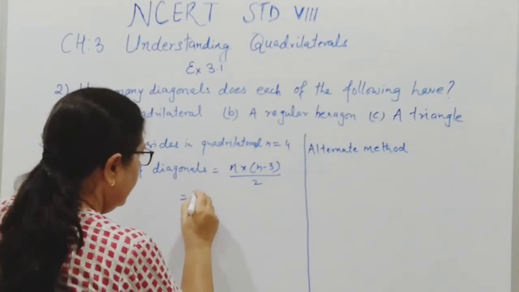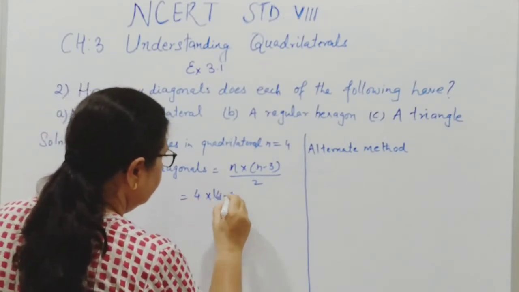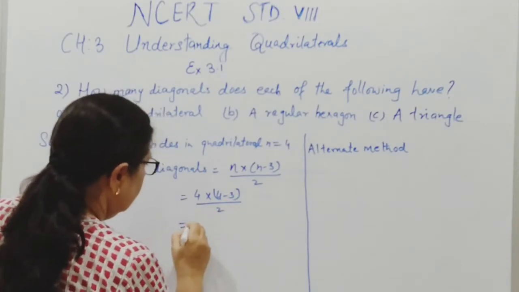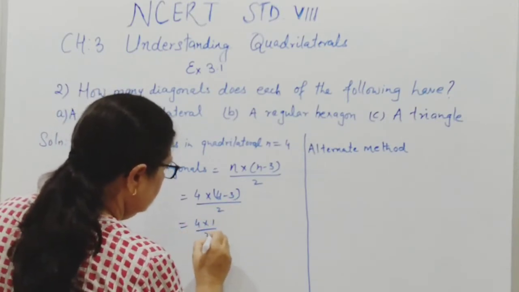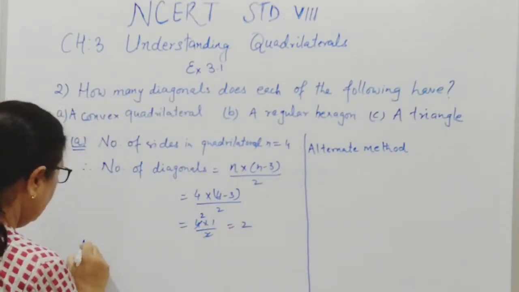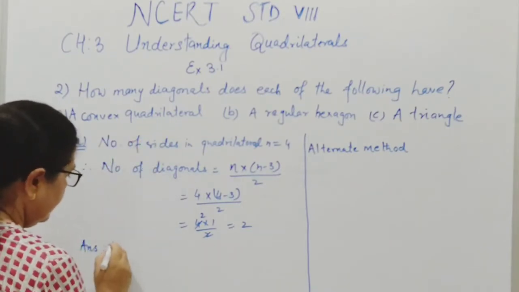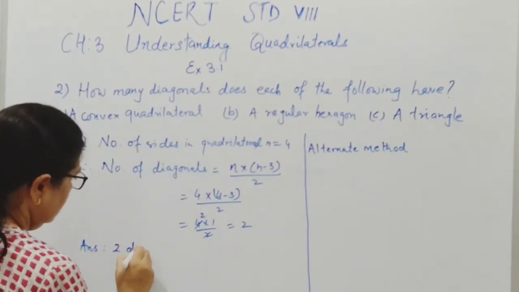So here n is 4. So we can write 4 into 4 minus 3 upon 2. That is 4 into 1 upon 2. After cancellation we get 2. Hence the number of diagonals in a convex quadrilateral is 2.